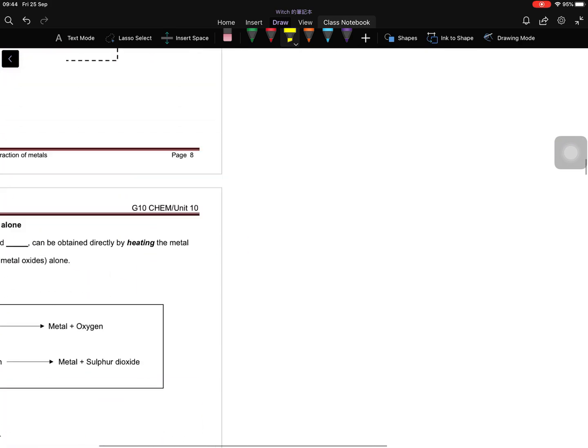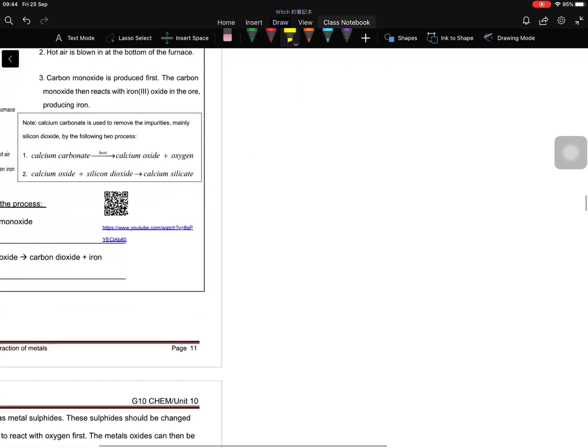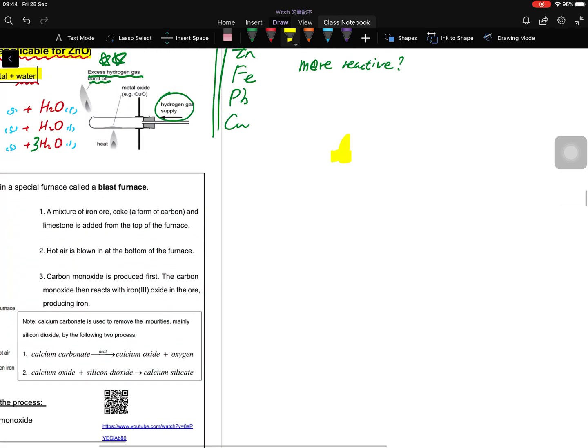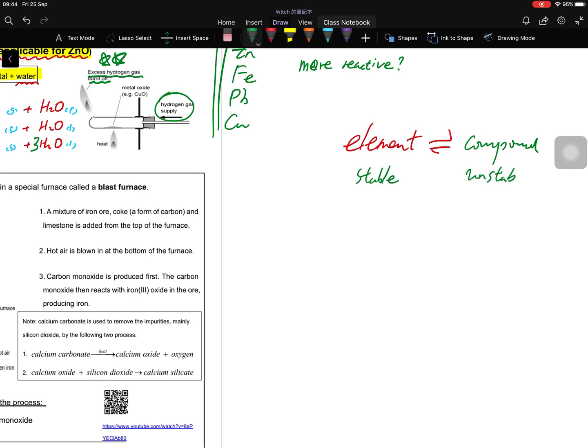back to our previous idea, the element and compound, right? We have mentioned if the element is stable, that means the compound is unstable.